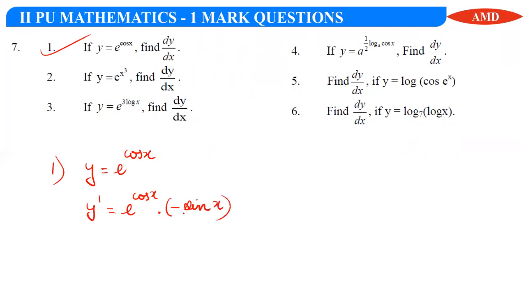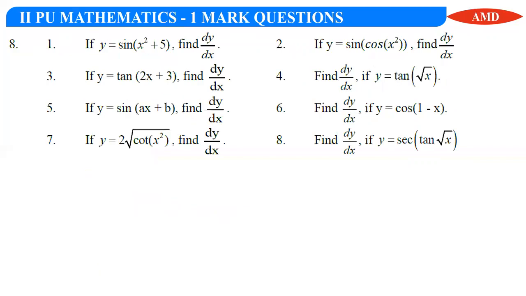This is how you can solve these questions. Let me try one more question. The second one is y is equal to e to the power x cube. Now y dash will be equal to the derivative of e, which is e power x cube, into, next, I'm going to differentiate x cube using the chain rule. I get the derivative as 3x square. So this would be the right answer.